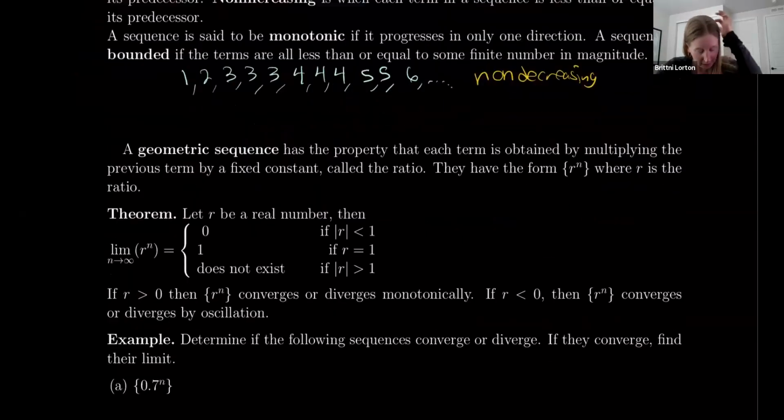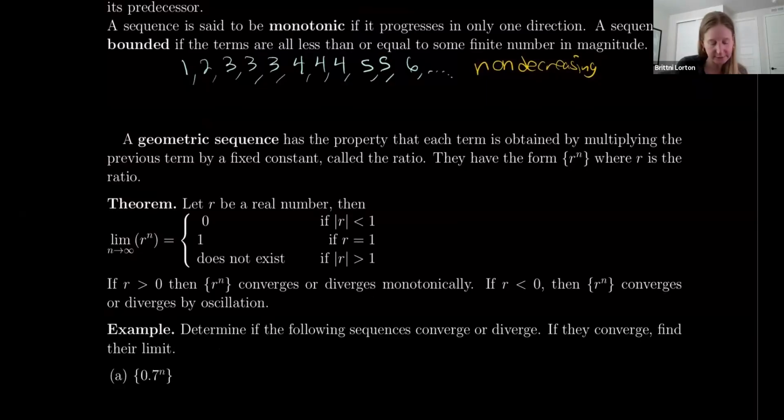Cool. And then the other vocabulary term for sequences would be a geometric sequence. A geometric sequence has the property that every term is obtained by multiplying the previous term by some fixed number. A classic one that we did earlier today was 1, 3, 9, 27, 81, 243, and so on.